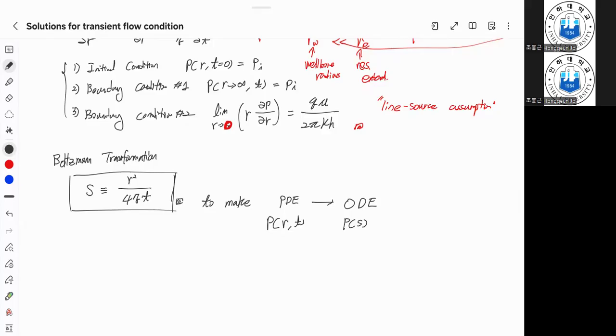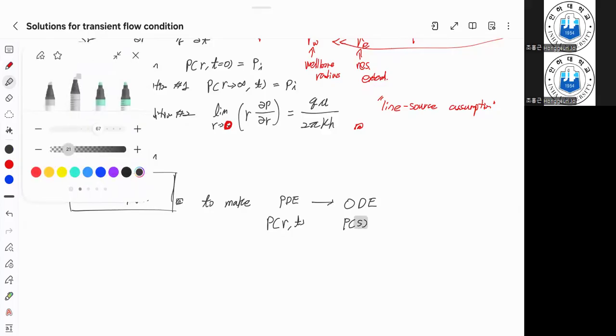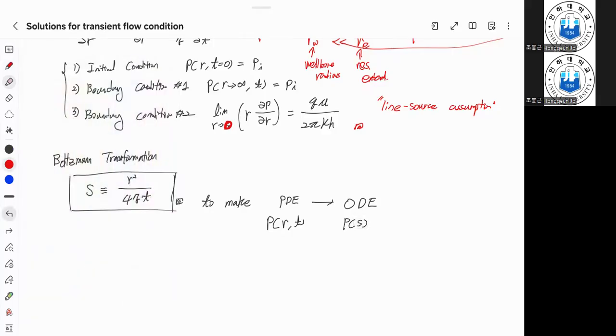So now we only have one variable, so it becomes an ODE, which used to be a PDE. And the ODE is much simpler.